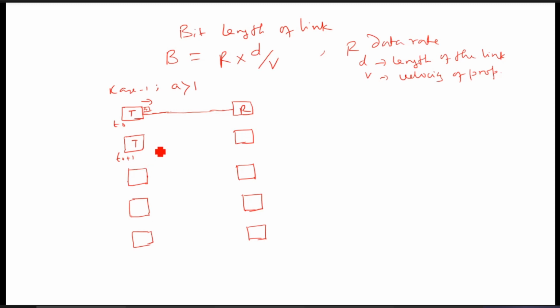That 1 is the transmission time, the time taken for the station to transmit a frame. So T0 plus 1 means it has completed its transmission. The frame has been completely transmitted. Now it will propagate and go to the receiving station.